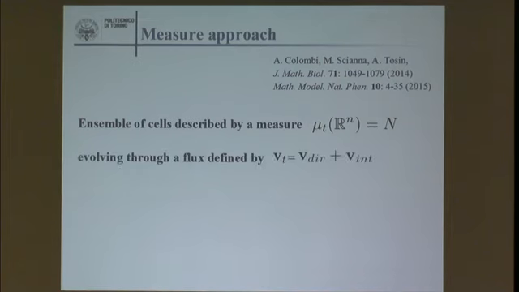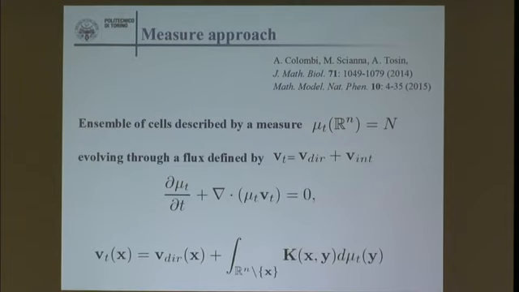This measure is evolving through some velocity, some flux, in which you can discriminate one part related to chemotaxis, for instance, or some taxis phenomena, and one related to the interaction between the cells, say cadherin interaction, and even integrin if you want, but in this case it's just cell-cell interaction.